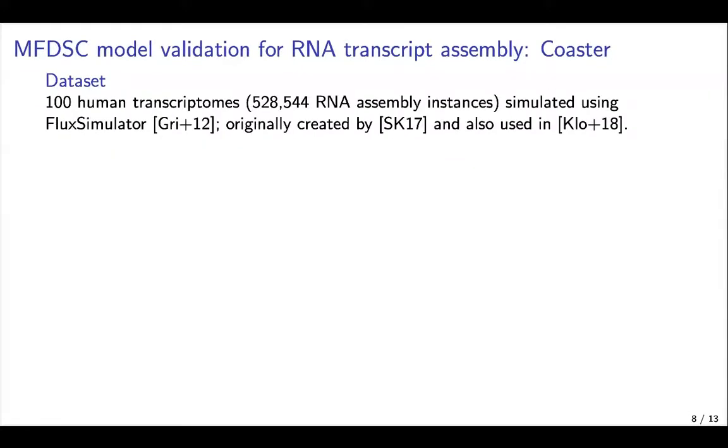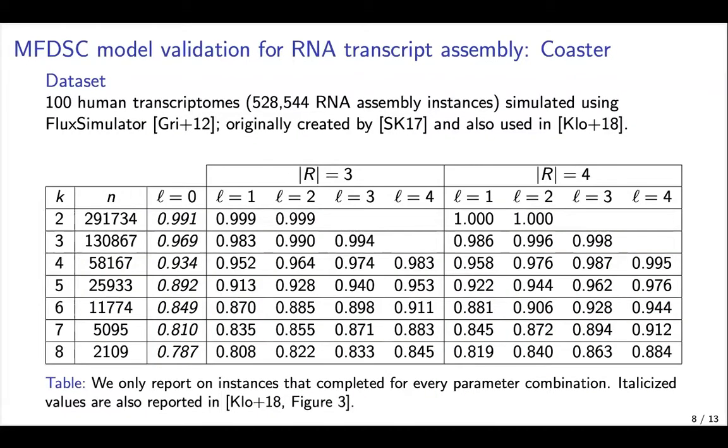So to validate MFDSC for RNA transcript assembly, we simulate subpath constraints in the same data set that they used for Toboggan, and we vary both the length of the subpath constraints, that's shown here, and also the number of subpath constraints.